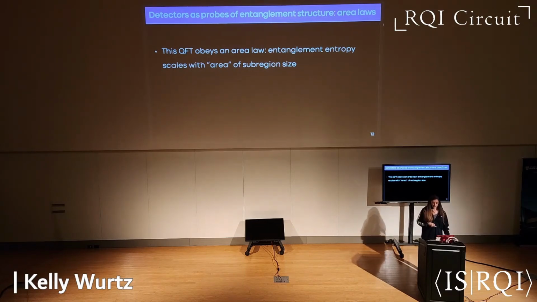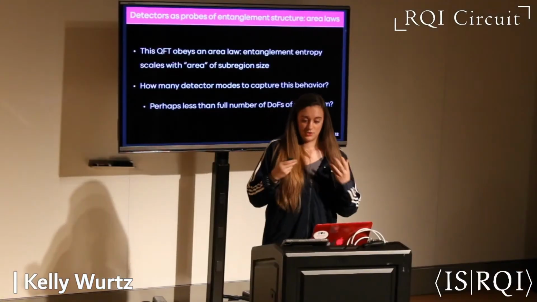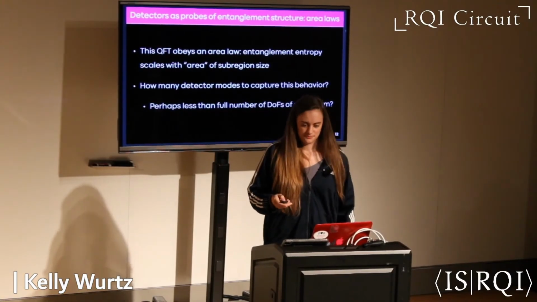And while the full entanglement is distributed throughout all the degrees of freedom of the system, the fact that correlations are right on the boundary is suggestive that we might need fewer than the full number of degrees of freedom in the system to capture the full entanglement structure.